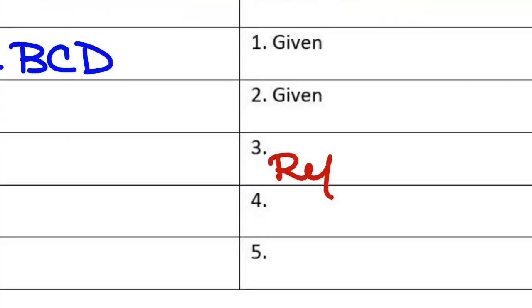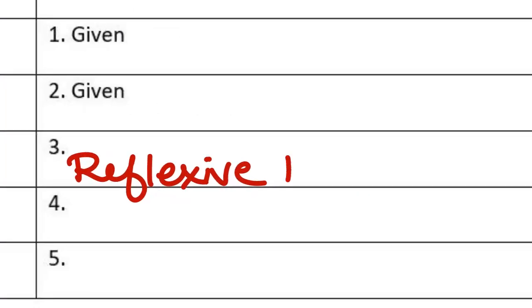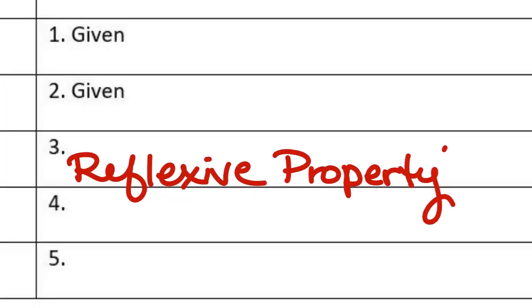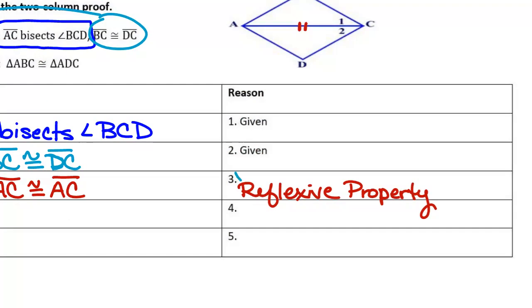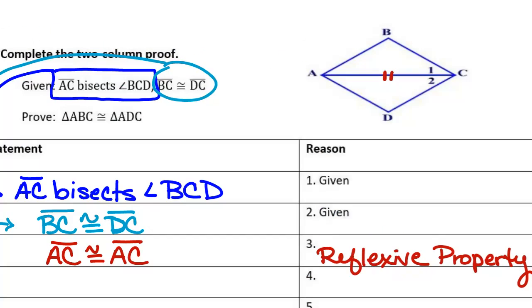Reflexive property. I just realized that I did not mark this piece of given information on my picture yet, and it wasn't marked for me already. BC congruent to DC. I want to make sure that that's marked on there.